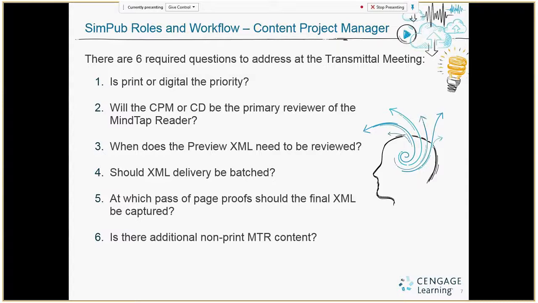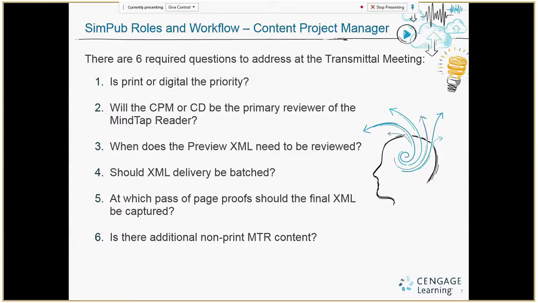So it's very clearly marked. What am I looking at? Because there was some confusion as we batched projects that content developers had already seen those errors and marked them up in the PDF that they're now seeing in the XML. Hopefully we won't see that going forward, but this way it's very clear what version of the XML, what version of the PDF the XML is matched up with.